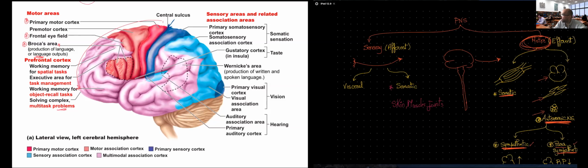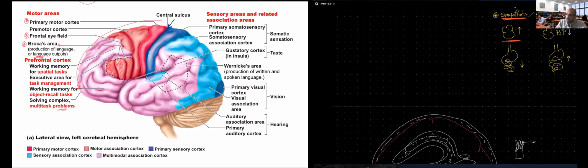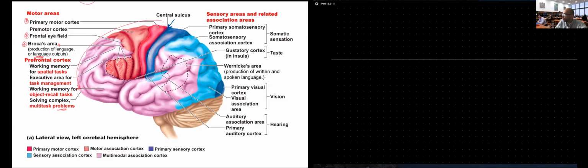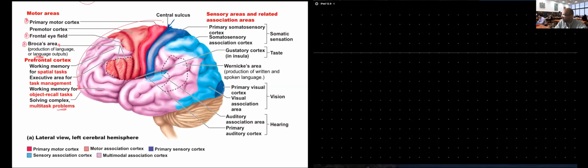This is a voluntary control of the skeletal muscles. So primary somatosensory cortex, I am a sensory cortex. I'm responsible to detect what? I'm responsible to detect somatic sensations.